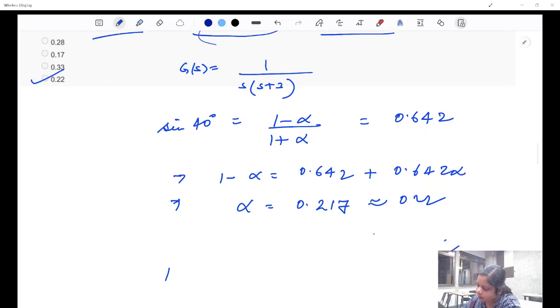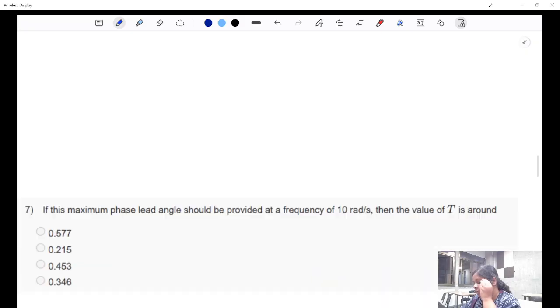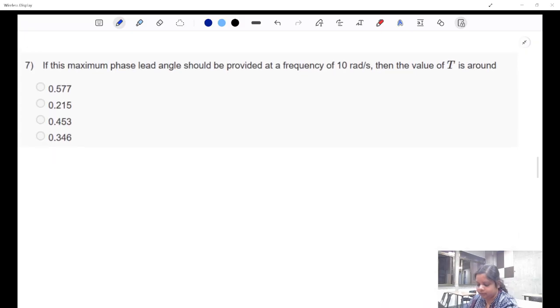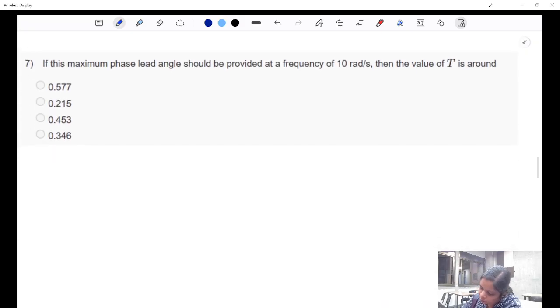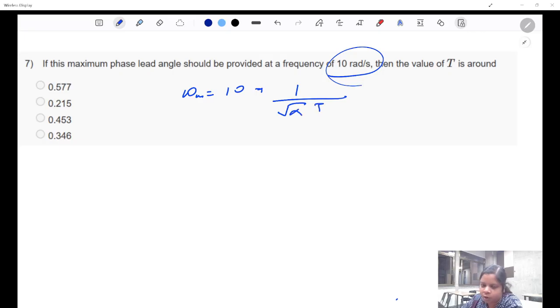Once we have the value of alpha with us, we want to find out the value of omega m. And omega m should be 10, right? Omega m is the geometric mean, so 1 upon under root alpha T is equal to 10.